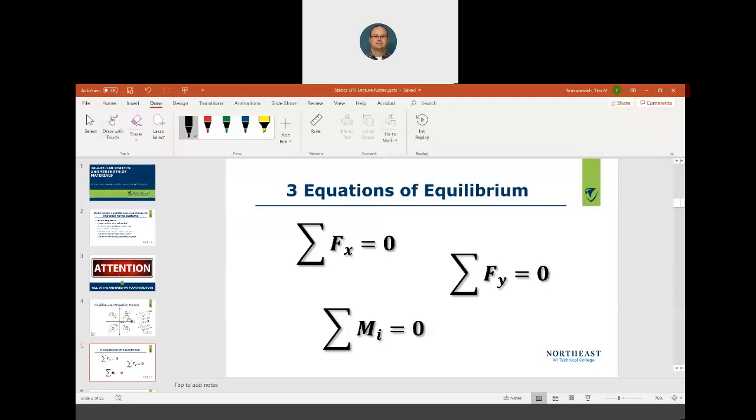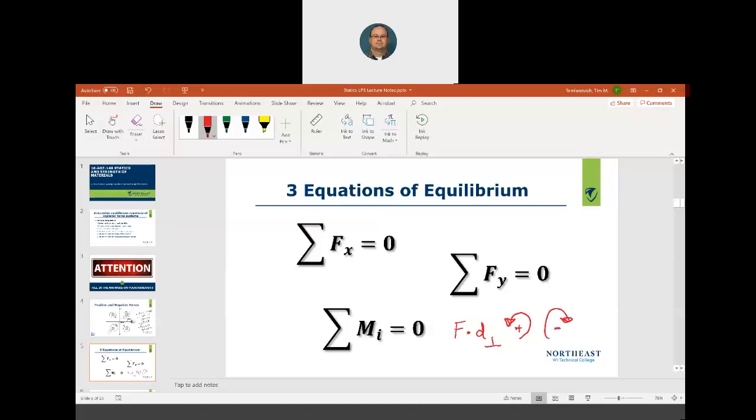So the sum of the forces in the x direction is 0, the sum of the forces in the y direction is 0, and the sum of the moments about any point is also 0. Remember, what is a moment? A moment is a force times a perpendicular distance. Counterclockwise is a positive moment, and clockwise is a negative moment.